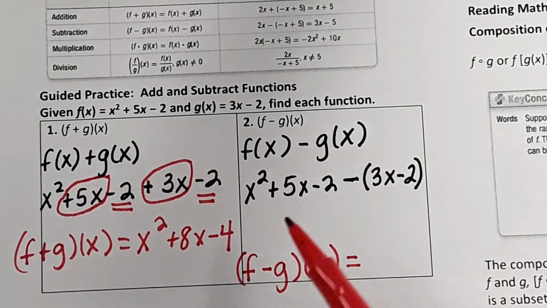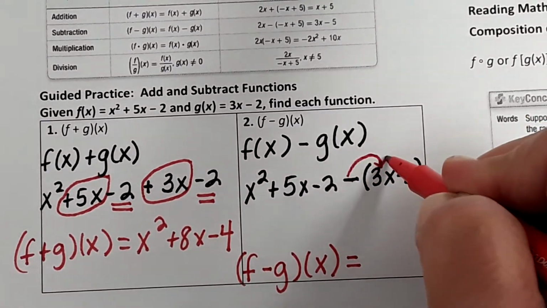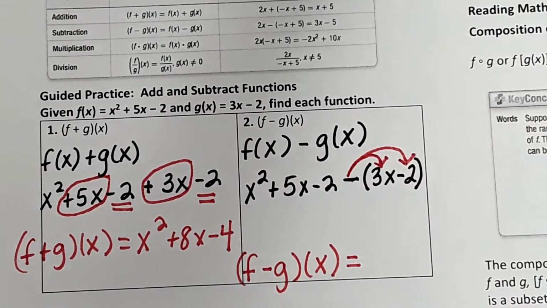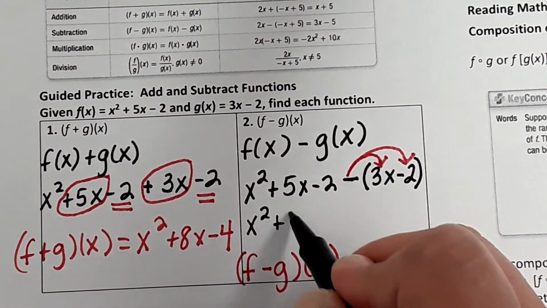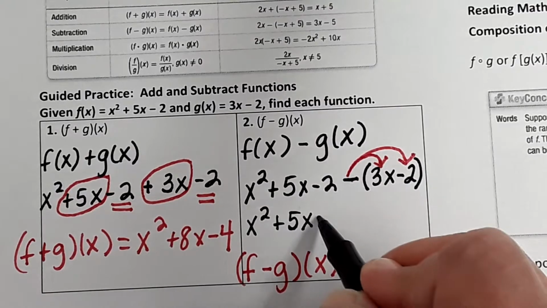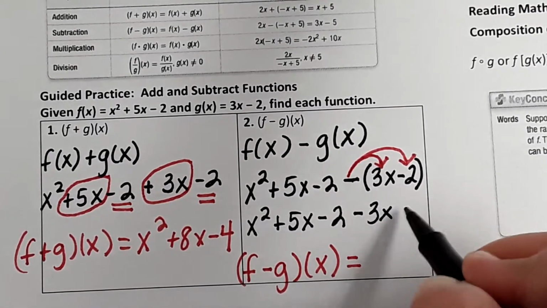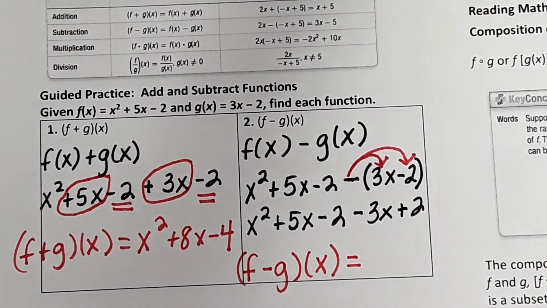Now, you can rewrite it. You just need to make sure you remember that that's minus 3x and minus -2. So what I did in the first step is x squared plus 5x minus 2 minus 3x plus 2. I distributed that negative, and so I gave myself an expression. Now I can combine like terms.